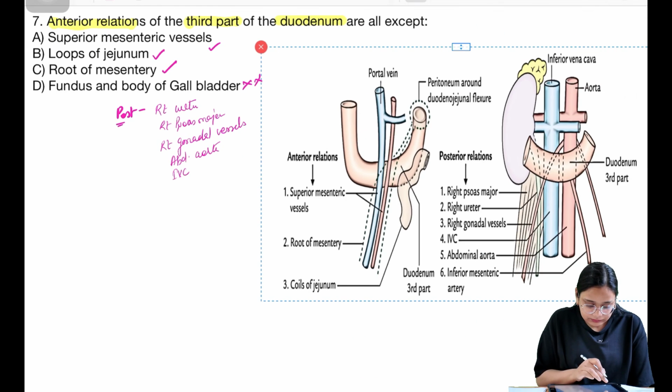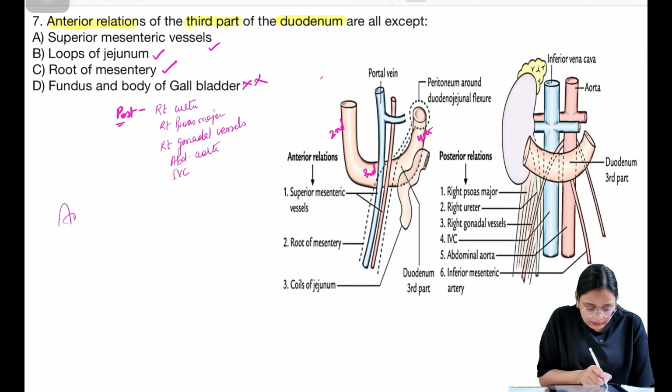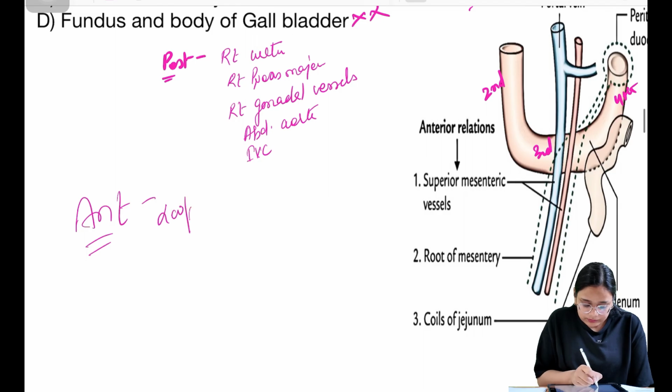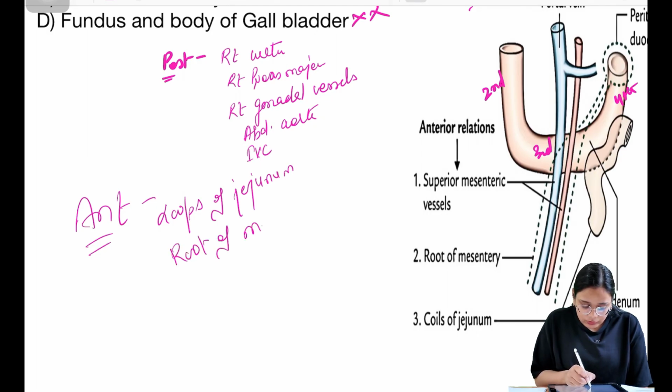Anteriorly it is related to loops of duodenum because duodenum is present just below this. So loops of duodenum, root of mesentery, and in this root of mesentery the superior mesenteric vessels are present.